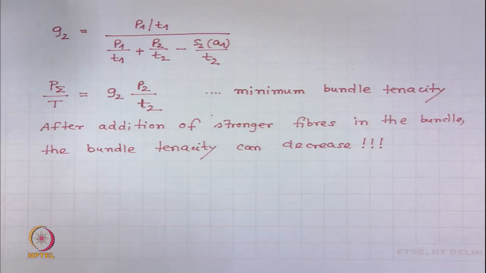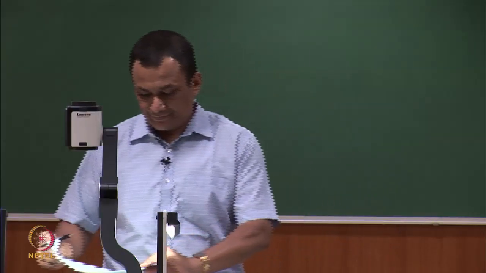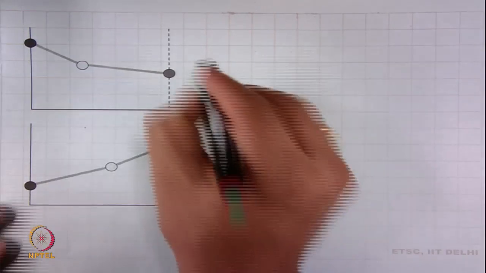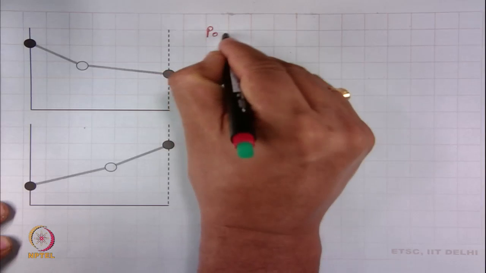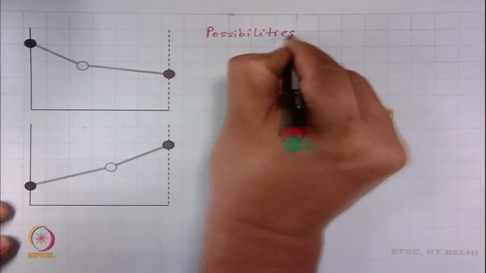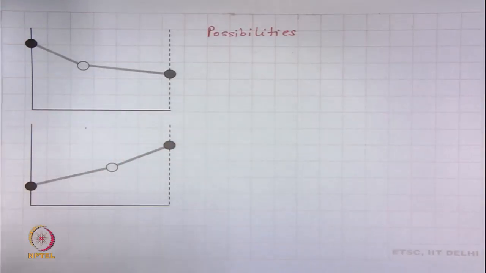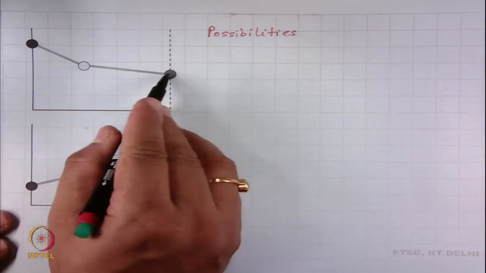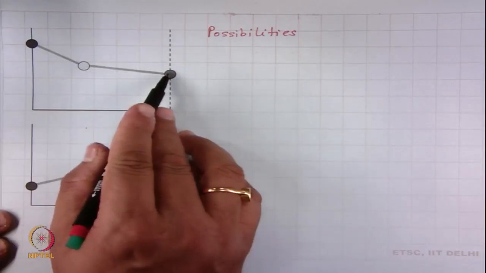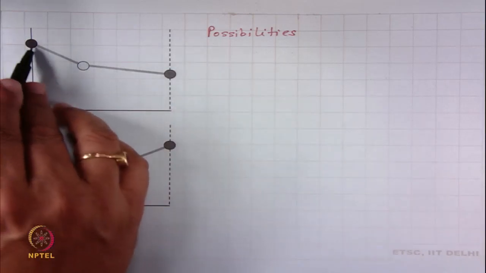Now, two other situations can also happen, however, they are not of our concern. What kind of situations can happen? These two are also the possibilities. The curve can be something like that. Highest here, lowest here, and it is continuously decreasing.